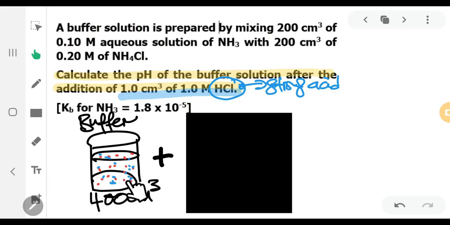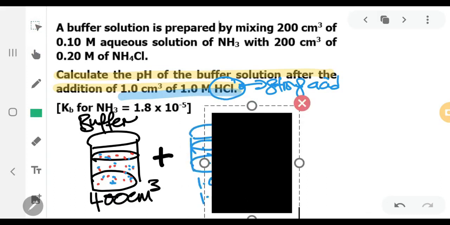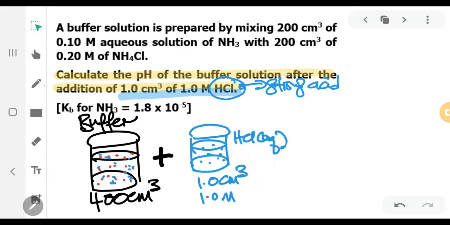And the total volume is 400 cm³. This time you're going to add a small amount of hydrochloric acid.